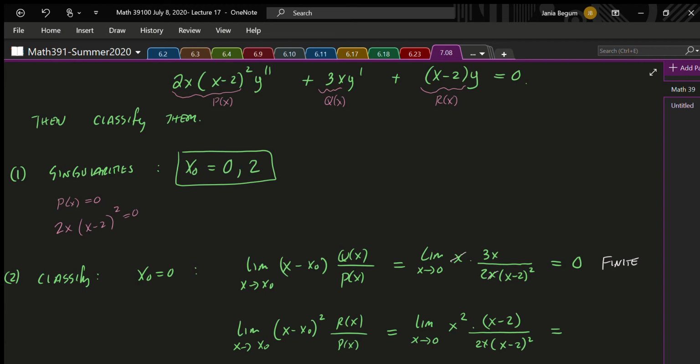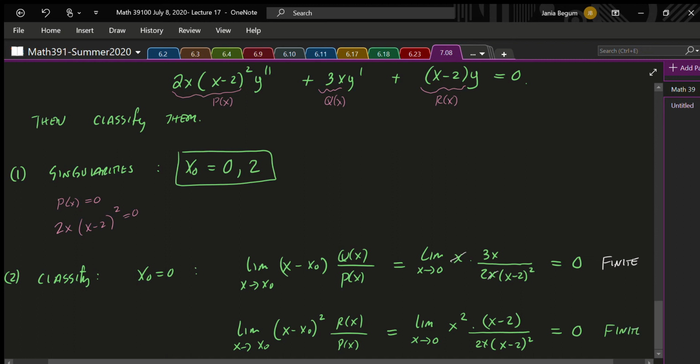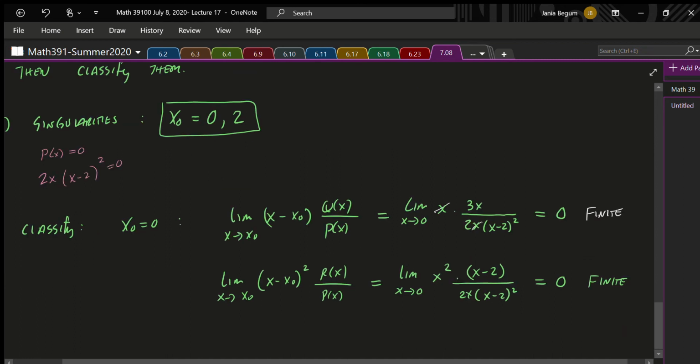What is this limit? So this is also 0. Can you see that? Yeah, and then the other one will go to 0. So this is also finite. So success. So what do we conclude? We conclude that x naught equals 0 is a regular singular point. So that's the first conclusion we draw.